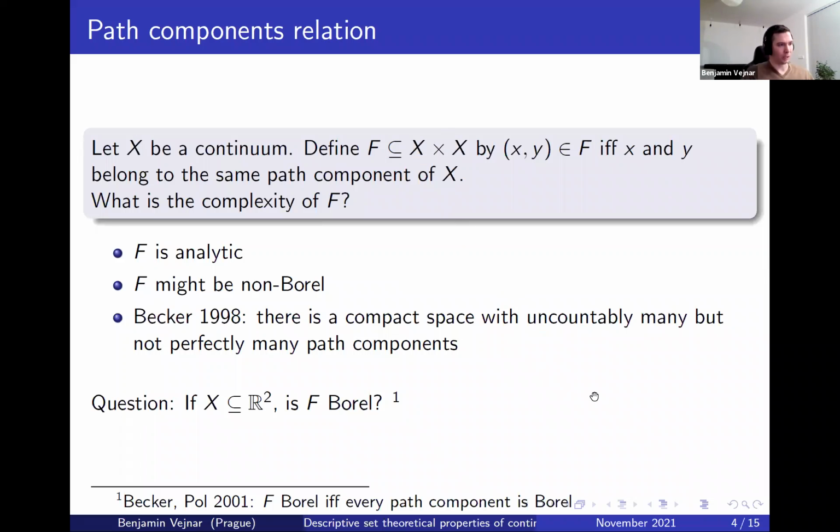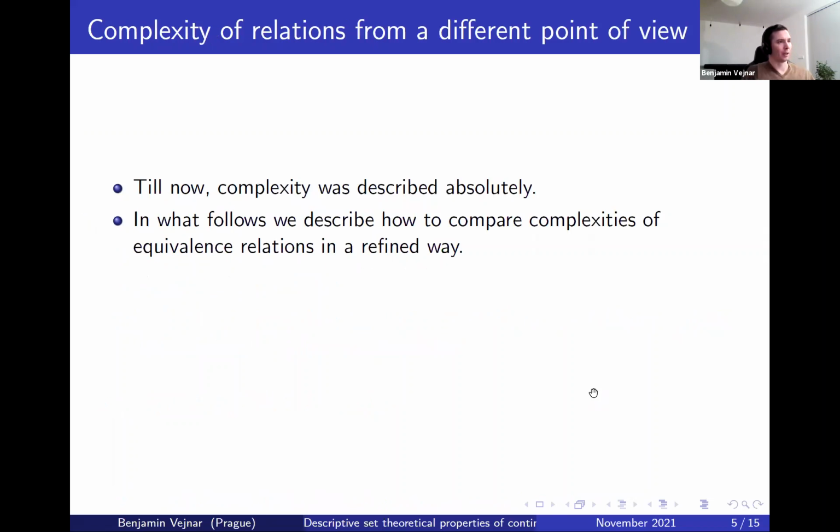But we would like to study some finer or softer relations between these complexities. Okay, so I have a few notes, kind of philosophical notes, maybe rather. So till now, this complexity was described somehow absolutely, but in what follows, we describe how to compare complexities of equivalence relations in some refined way.